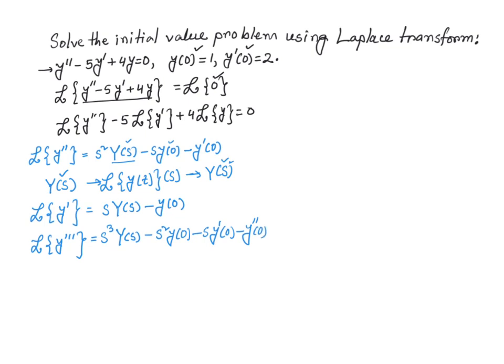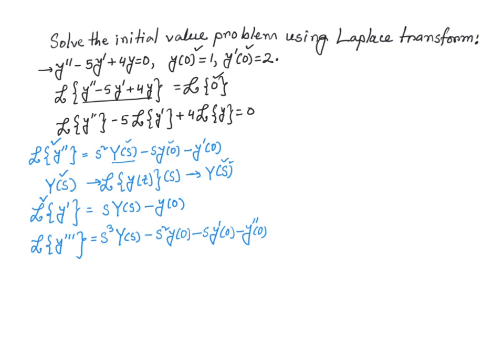So you can see the structure, okay? You start with the highest power of s and then you gradually go down. In our case, we need the Laplace transform of y double prime and Laplace transform of y prime.